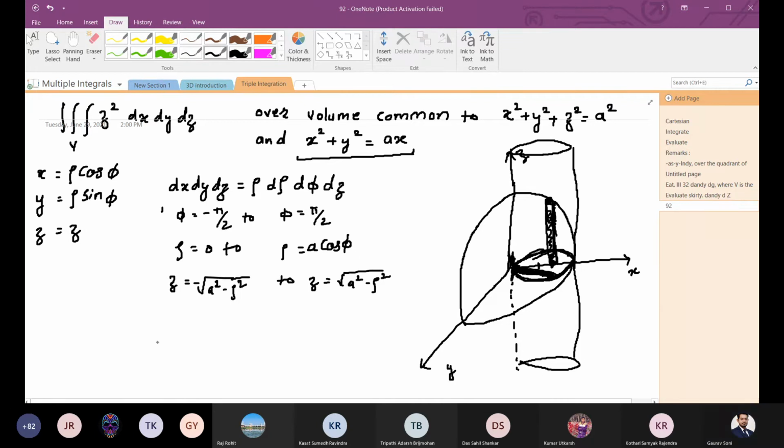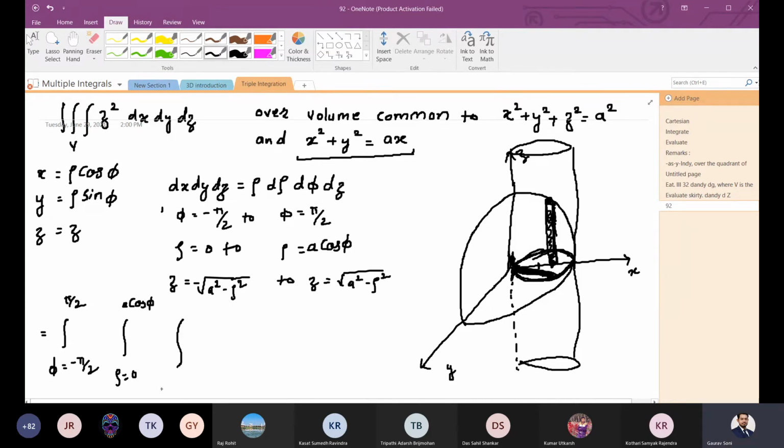Let's put all the values. If anyone has a problem up to this, please ask. Take 2 minutes, try to identify what I have done there. Try to understand it properly. And if still the problem persists, then please ask. Rho from 0 to a cos phi.